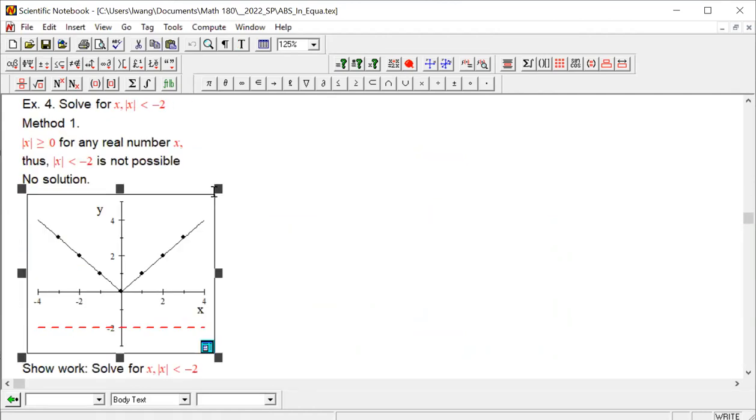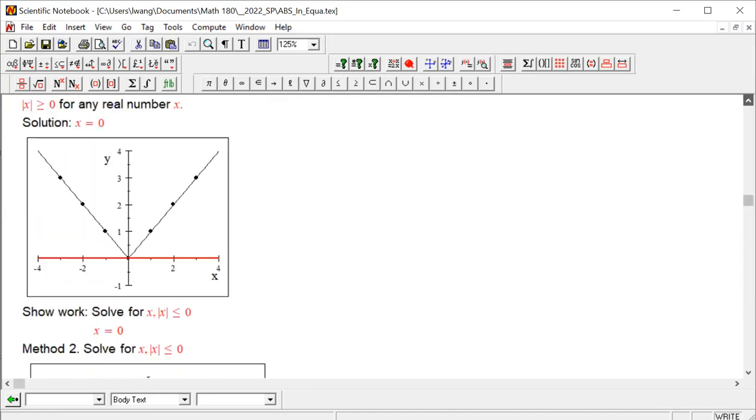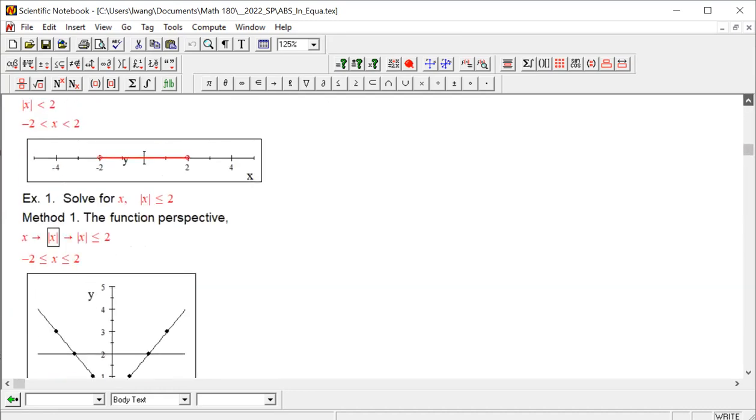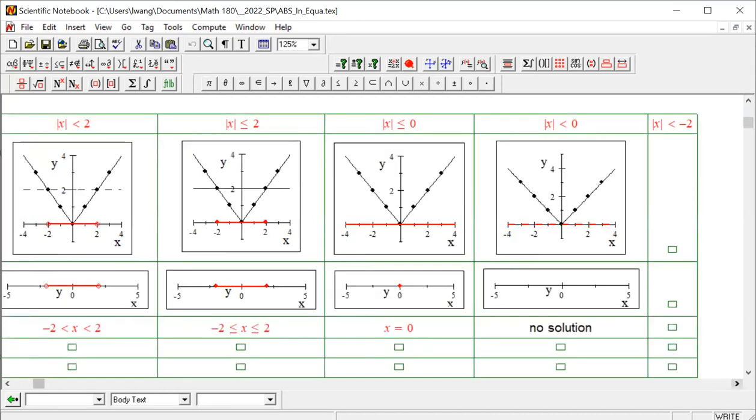Less than -2, we have this picture. There's no touch with the existing outputs, because it's not going to be there.